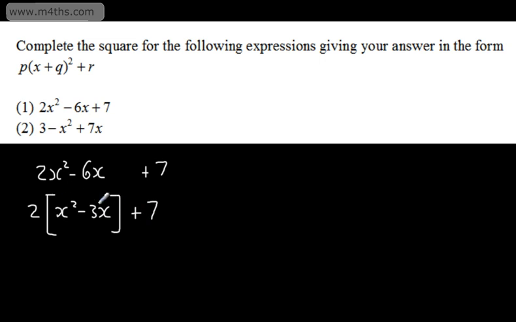I'm now going to complete the square on this expression inside the brackets. We can now do this as we have now the coefficient of the term x squared as 1. So inside the brackets, we're going to have now (x - half the coefficient, which is 3/2), we square the bracket, and I subtract away this number squared, which is minus 9/4. I close the bracket, and then I add back the 7.